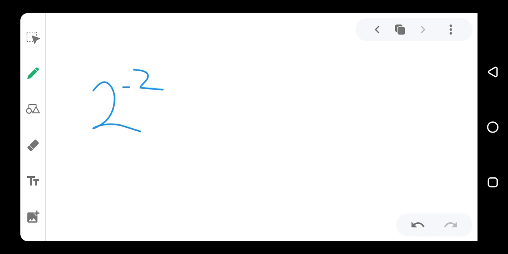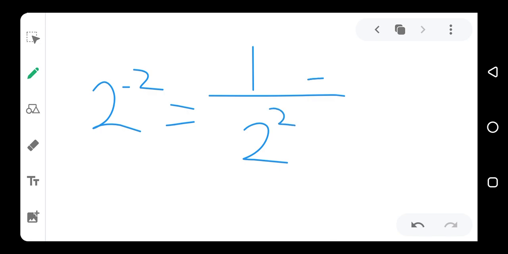So this is going to be 1 over 2 raised to power 2. When we put 1 over, then we remove the minus sign. So the 1 over is taking care of the minus sign. So this is how to express the index of a negative power. We have talked about this one extensively in our previous lesson on index notation. You can review the lesson if you need some further assistance on that.